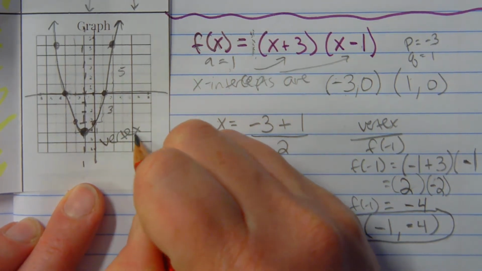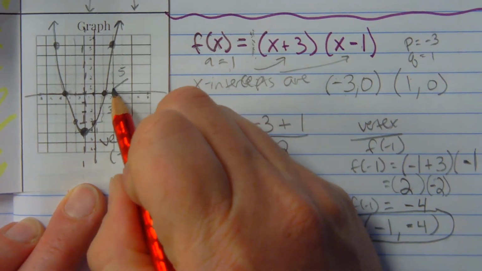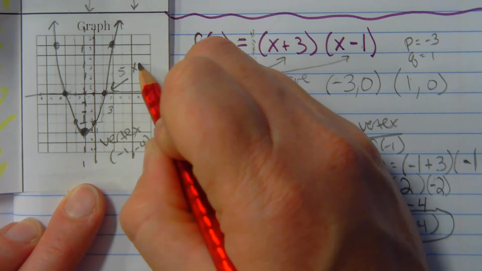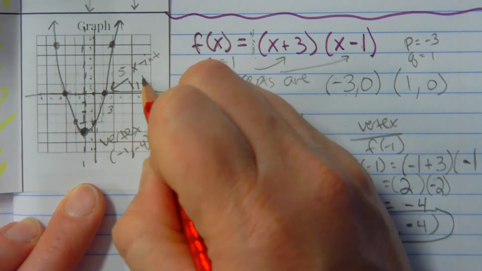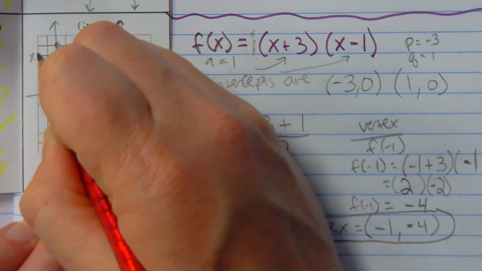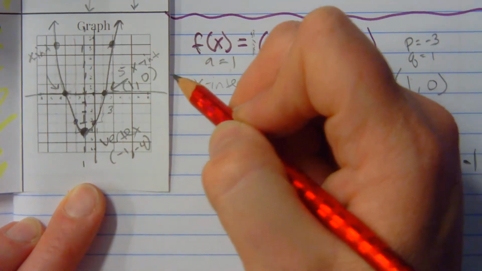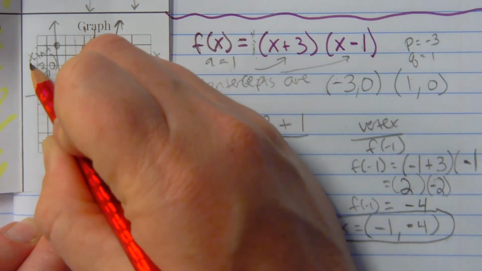My vertex is negative 1, negative 4. And this right here is an x-intercept, and that's the point 1, 0. And that's an x-intercept, and that's the point negative 3, comma 0.